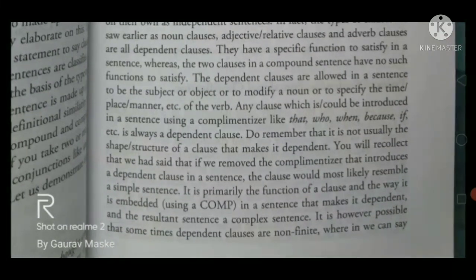Do you remember that it is not usually the shape or structure of a clause that makes it dependent? You will recollect that we had said that if we remove the complementizer that introduces a dependent clause in a sentence, the clause would most likely resemble a simple sentence.